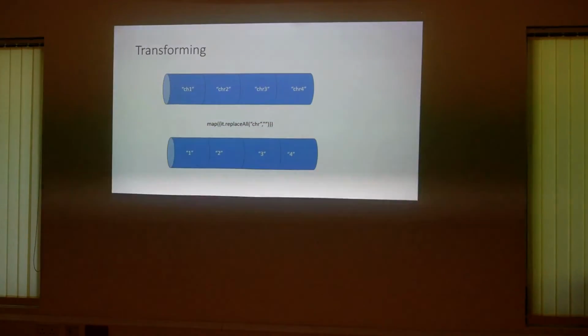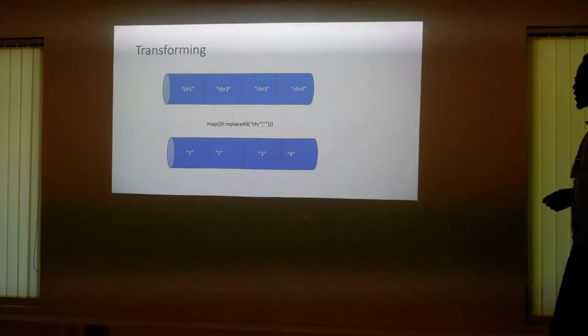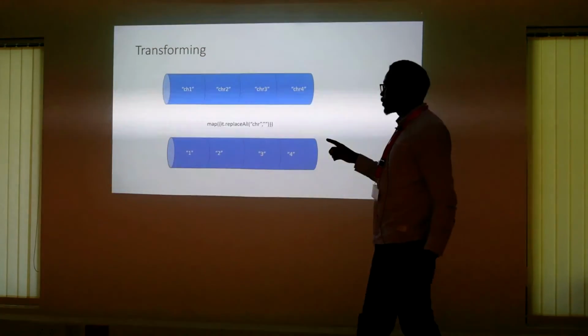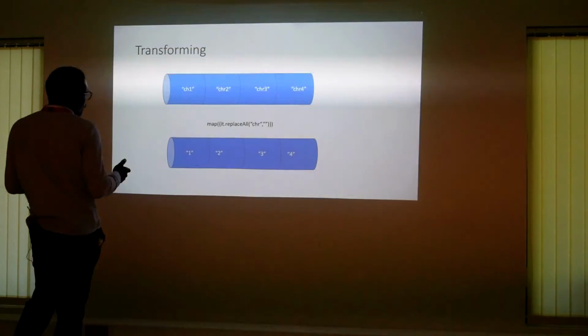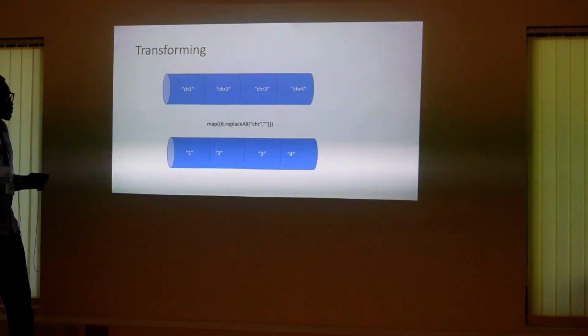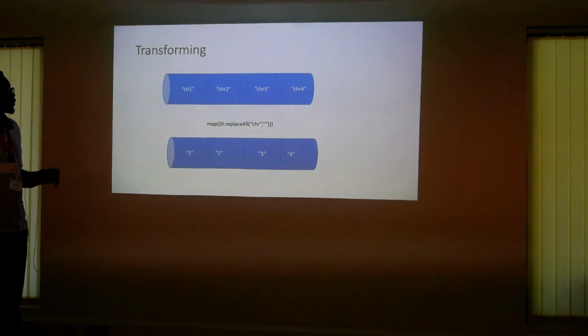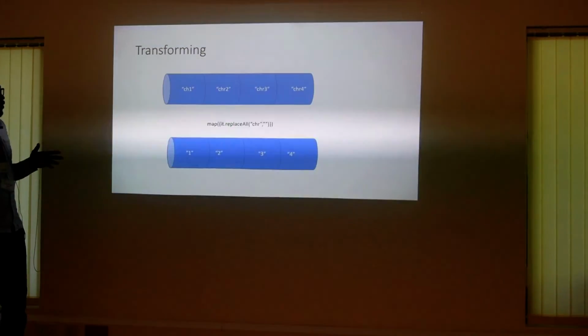You can also use other transformation methods such as map. So map will create a kind of key value relationship like what is called a dictionary.